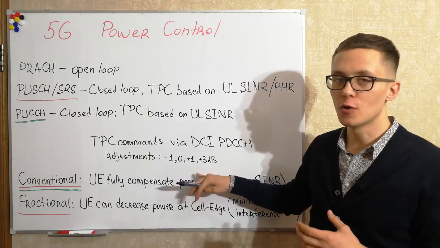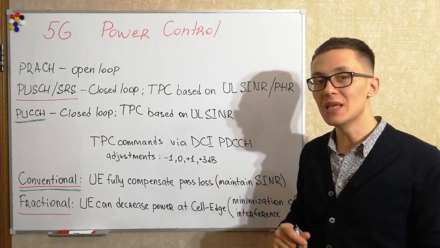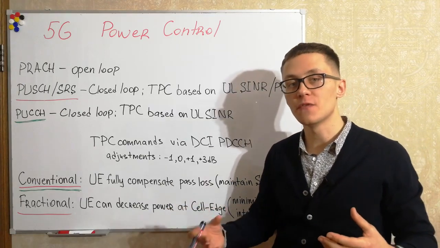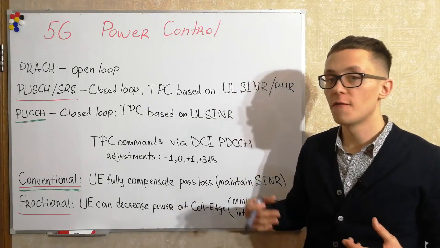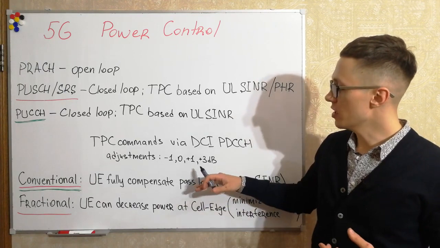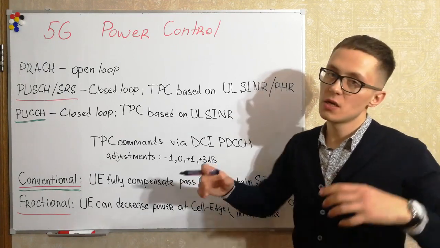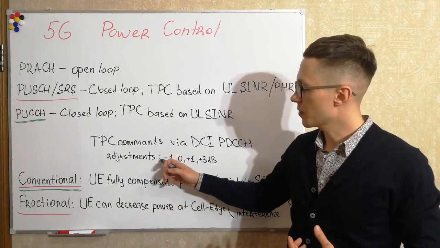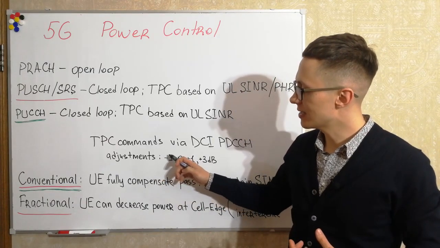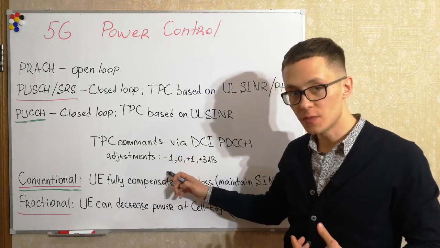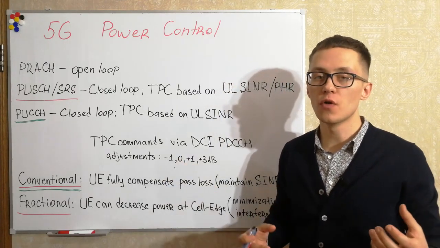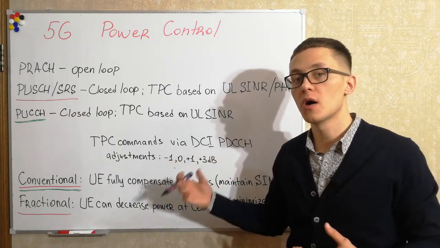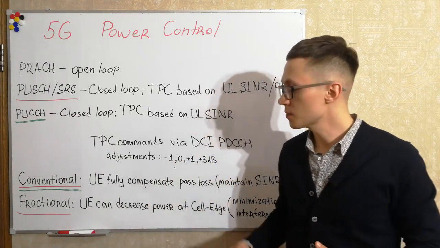That's very interesting because in real networks we should mitigate some impacts from user equipment mobility, from shadowing, fast shadowing. So increasing power is more important, we can say, because we send commands for decreased power only in case there is too much interference from other users.